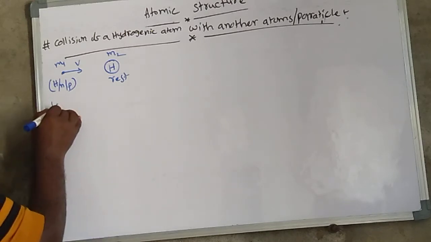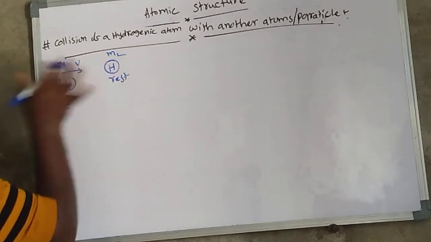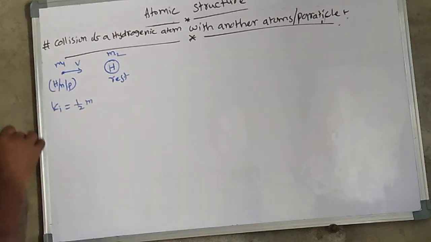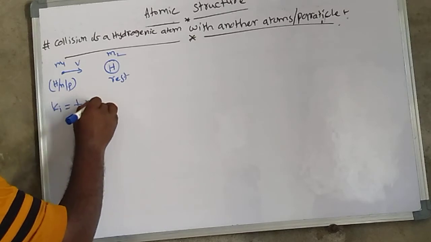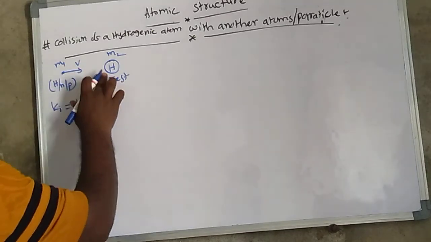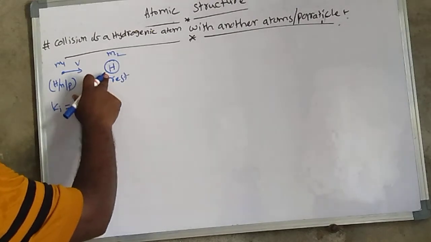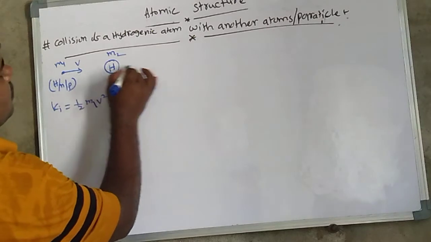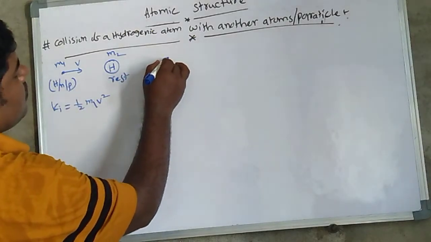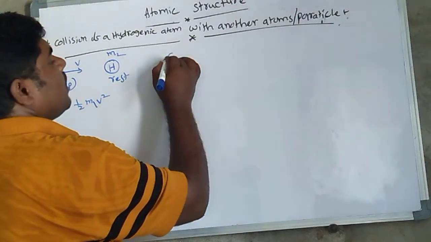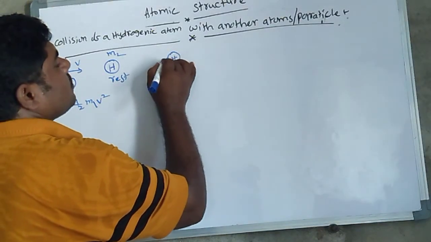Here the initial kinetic energy in this system is equal to half m1 v square only, because the kinetic energy of the hydrogen atom is 0, since it is at rest. After collision, these two stick together.